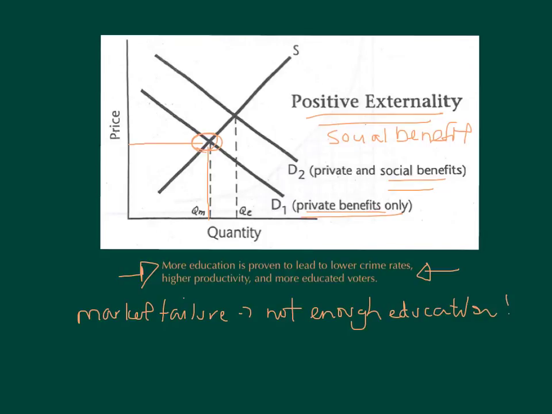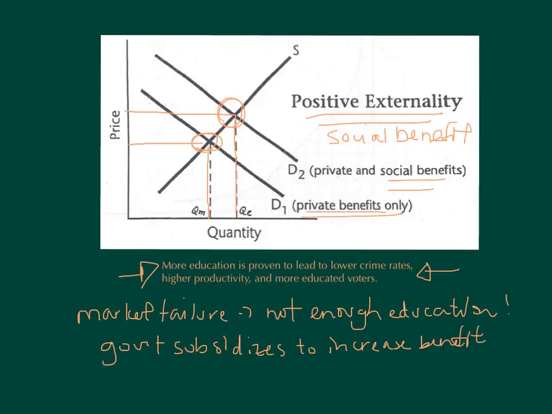So the government will do what it can to move demand to the quantity that's efficient, where the government decides that it's efficient, this equilibrium point right here. So in order to do that, the government subsidizes or provides money for education to increase the social benefits.